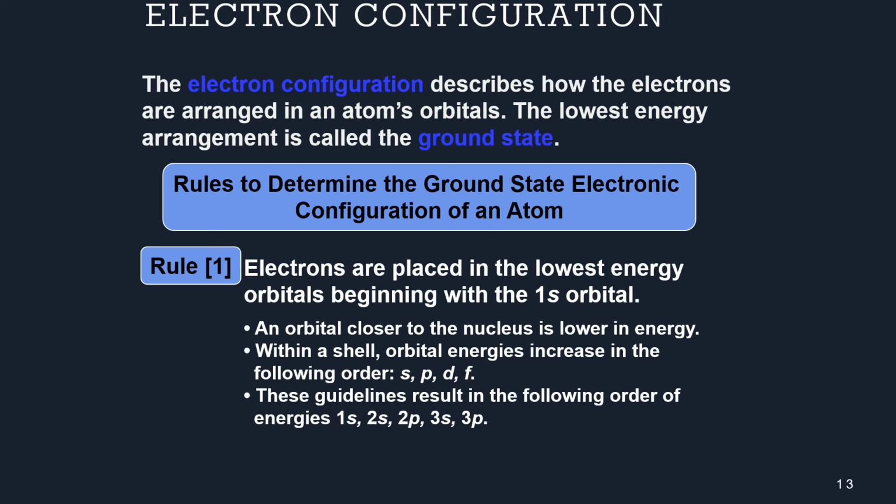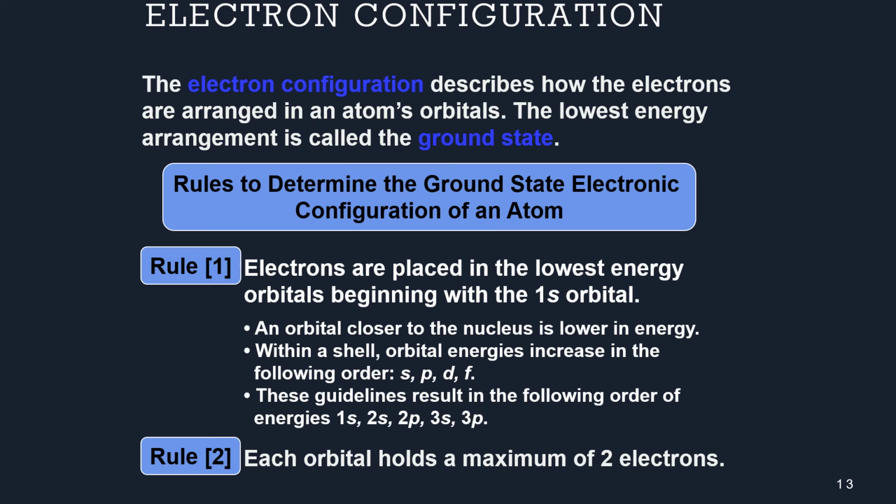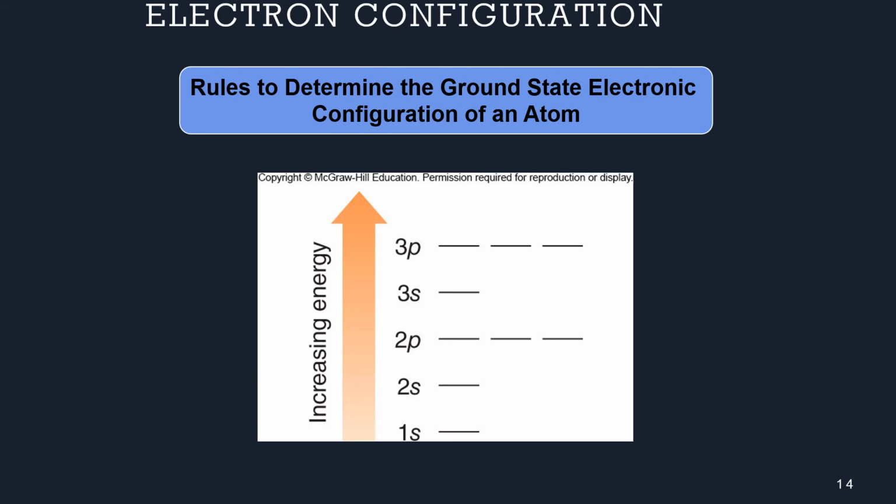We start with s, then go to p, then d, then f. So you always want to start with low energy. This results in the following order: 1s, 2s, 2p, 3s, 3p, 3d, and so on. And again, each orbital holds a maximum of 2 electrons.